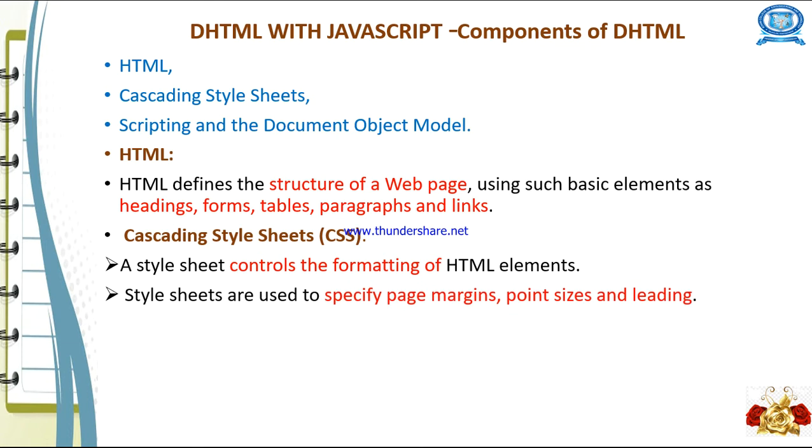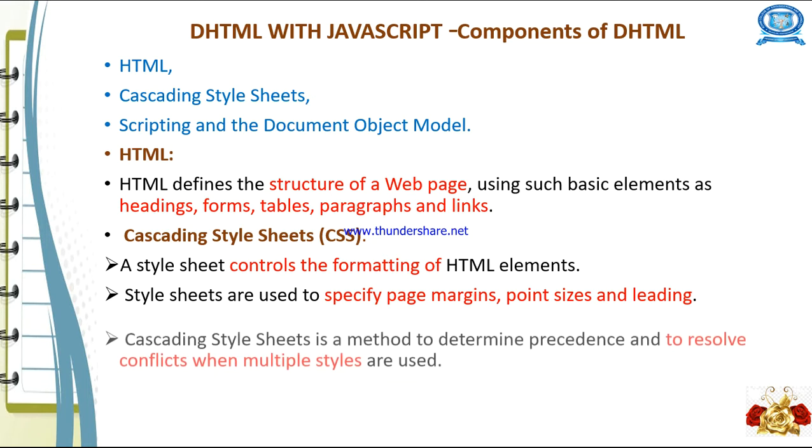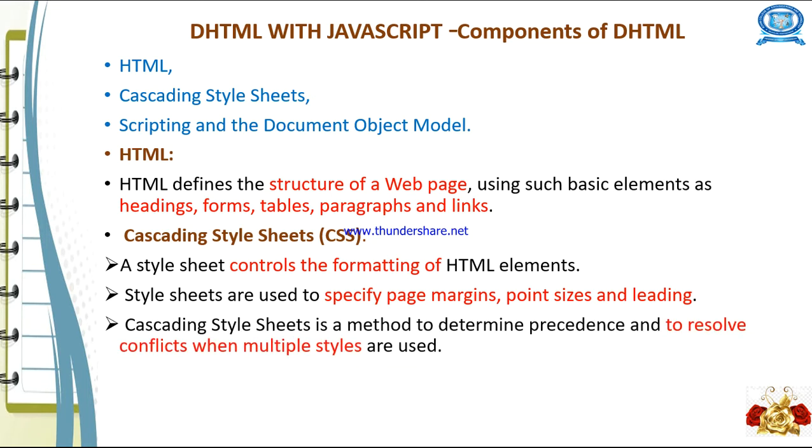The style sheet is used to specify the page margin and the point size. It also determines the procedures to resolve conflicts when multiple styles are used. Suppose somebody is using multiple style sheets; at that time there is a conflict problem, and DHTML helps overcome this problem.